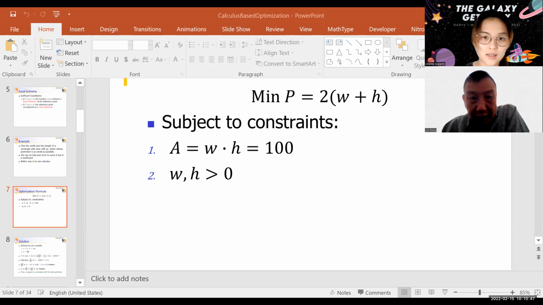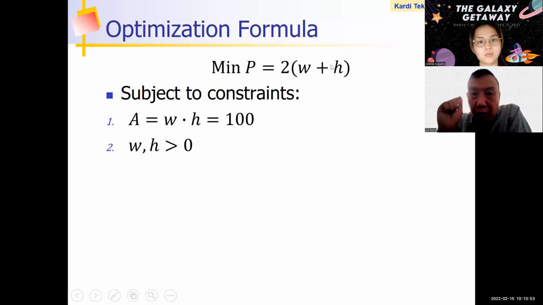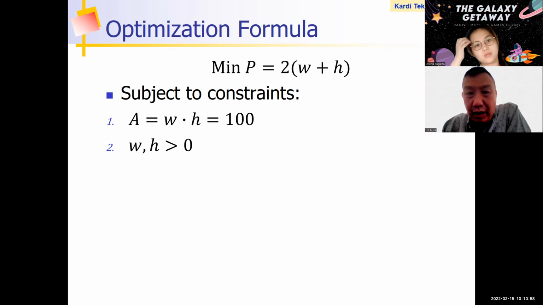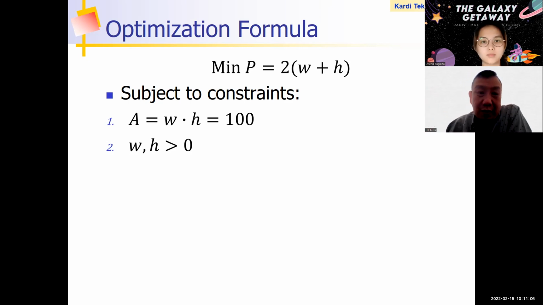The optimization is something like this: minimize P equal to 2 of W plus H, subject to constraints.